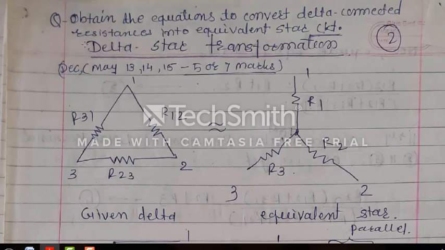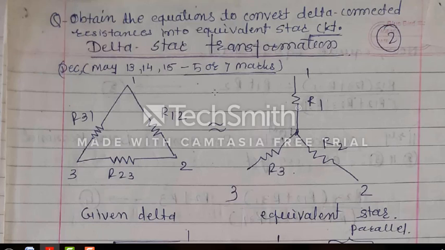First we see the delta-star transformation. The question based on this is: obtain the equation to convert delta connected resistances into an equivalent star circuit. This is the delta connected circuit, and this is the equivalent star.